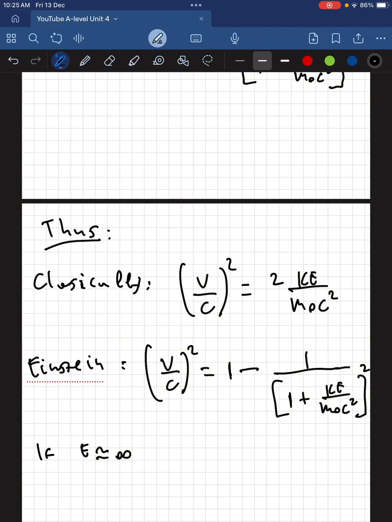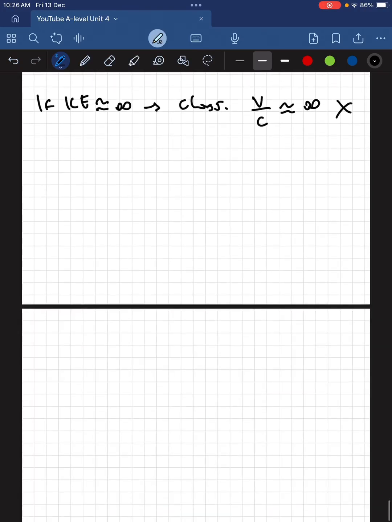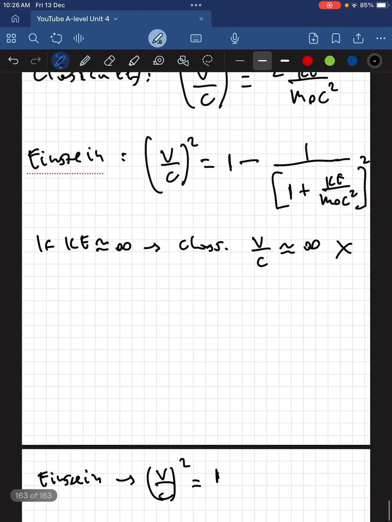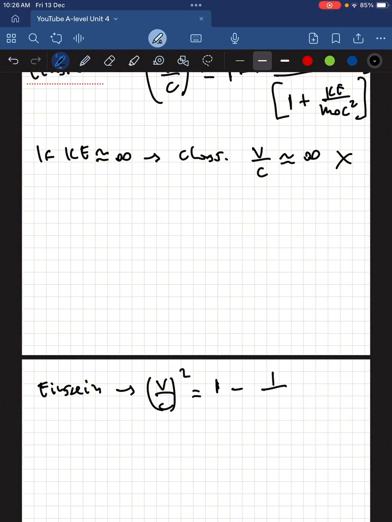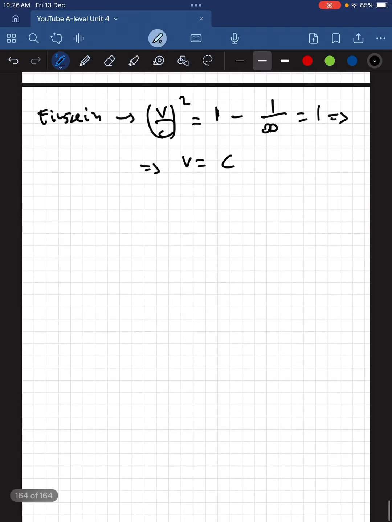If kinetic energy is infinite, classically we get v over c is infinite, which is wrong. But with Einstein, we get v squared over c squared is 1 minus 1 over infinity, which is 1. So v is c.